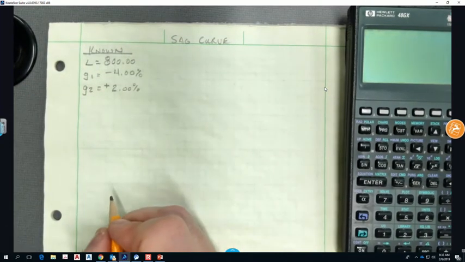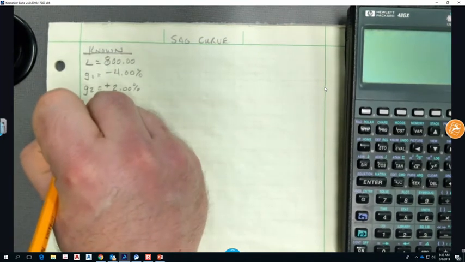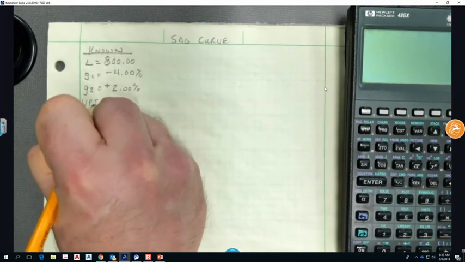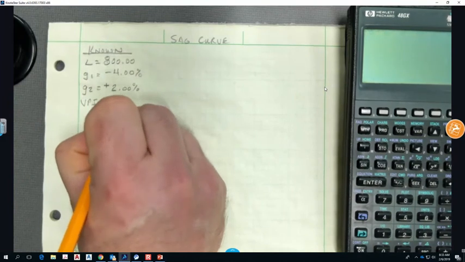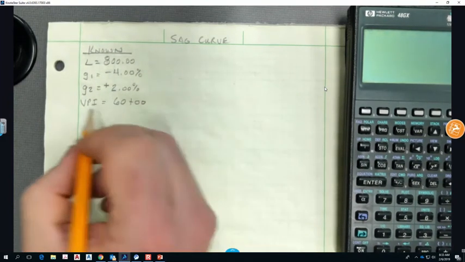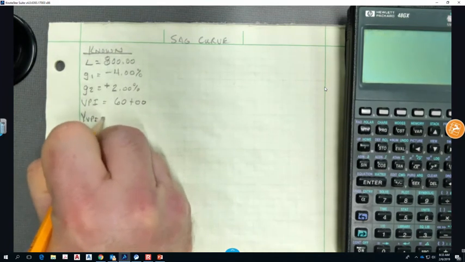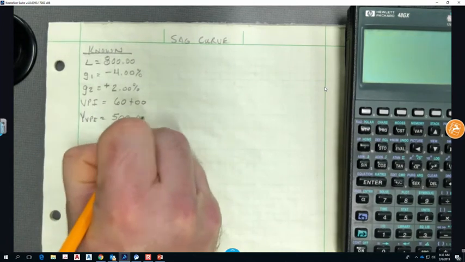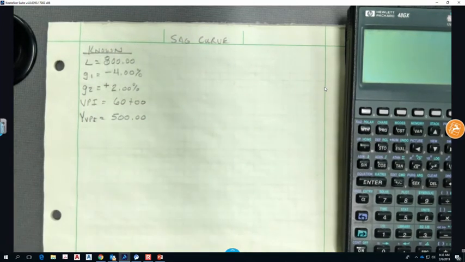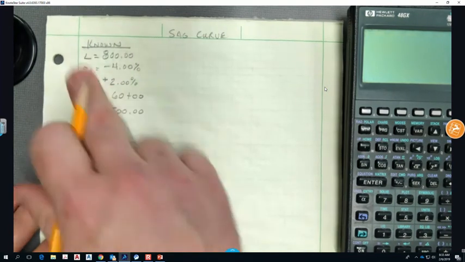Okay? So that tells us it's a sag, or sag curve. The VPI is going to be at 60 plus 00. And the elevation at VPI is 500.00. I like round numbers, as you can see. Just makes math easier. Okay, so let's draw this bugger up.